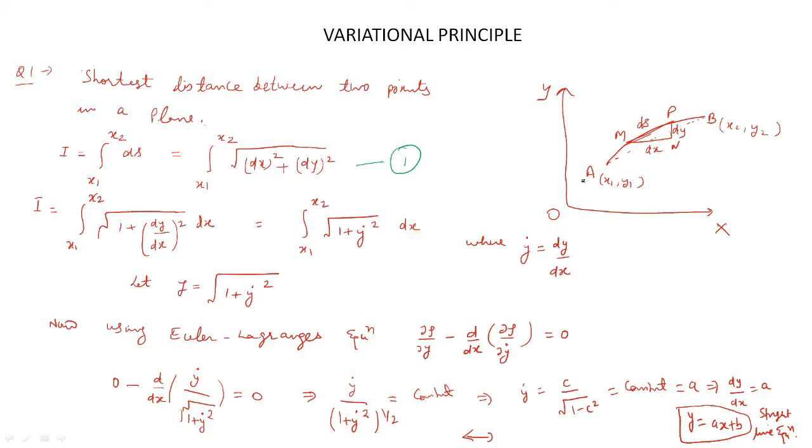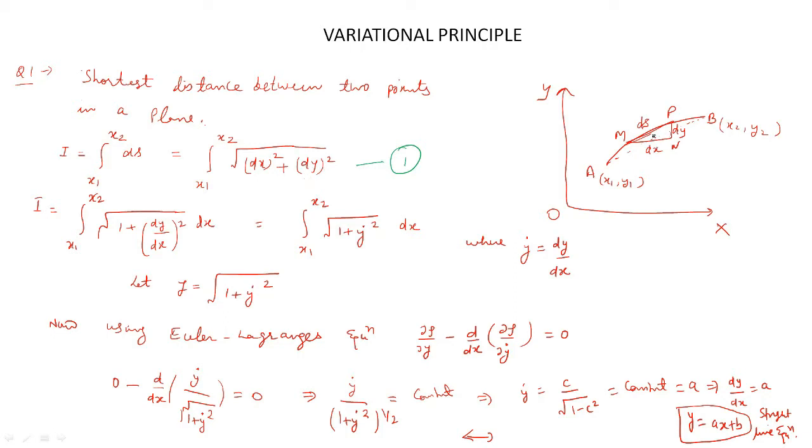So the path length for this whole curve AB can be written as I is equal to integral from x1 to x2 of ds. Here ds is a small curved part of the curve AB. So we can write it as x1 to x2, ds can be written as root dx whole square plus dy whole square.